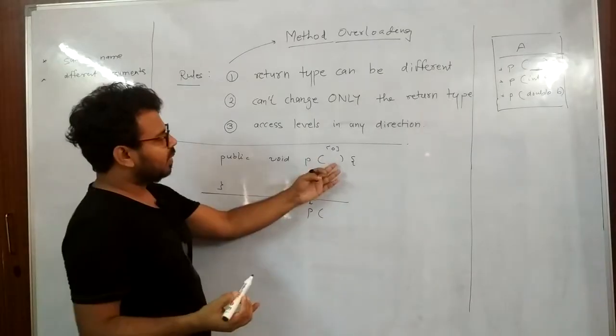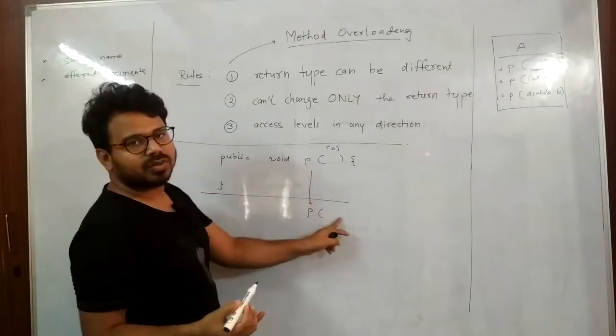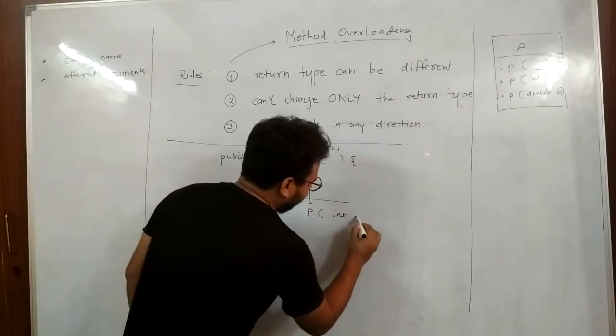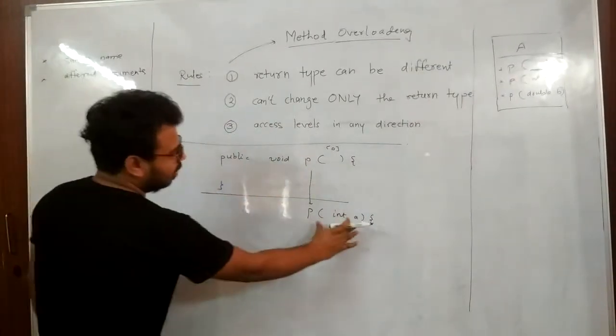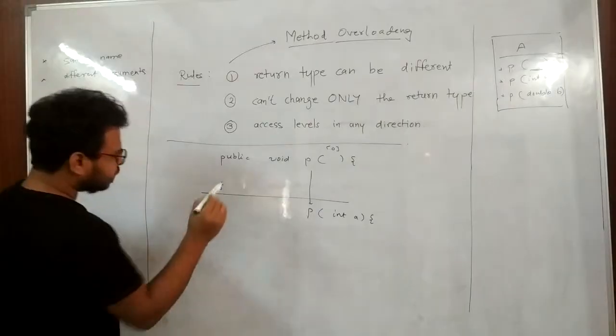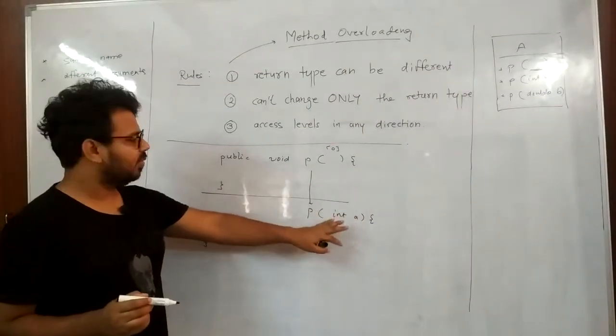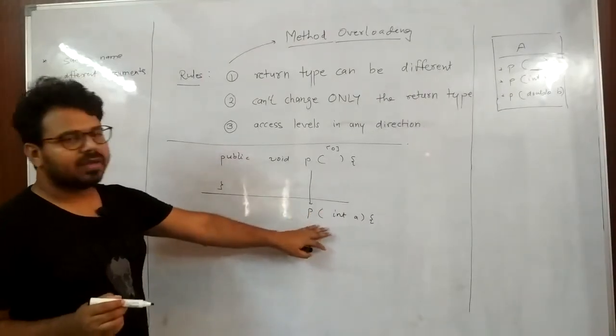Here we have 0 arguments, so it can be 1, 2, 3, 4, any number of arguments. Suppose we have only one argument. Now we have overloaded this method: the number of arguments is different and the name of the method is the same.